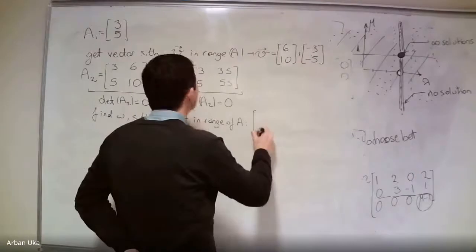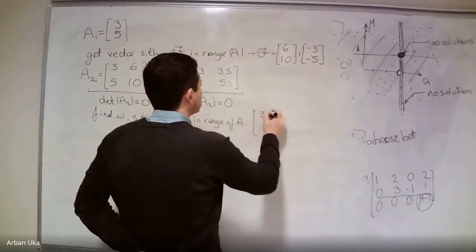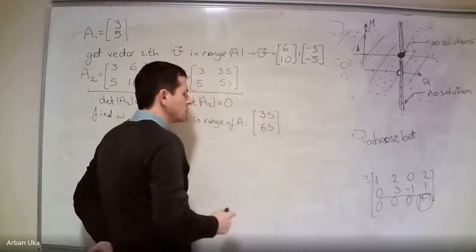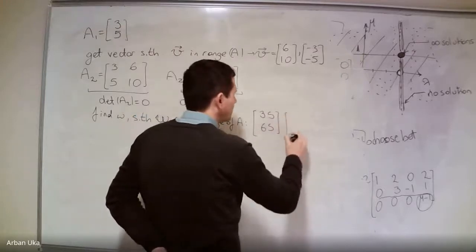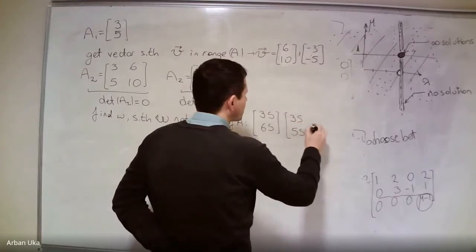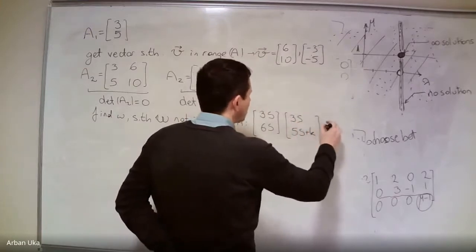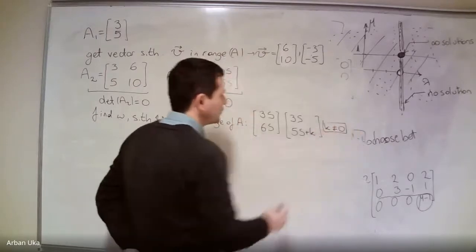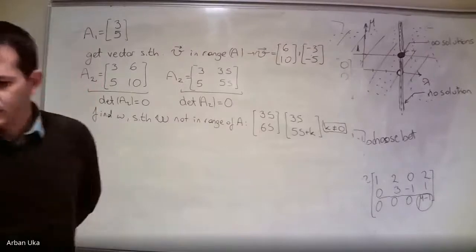Yes, you said 3s and 6s, right? That's true. We could also do the following. You can say 3s, 5s plus k, where k is different from 0. Would you agree? Yes.